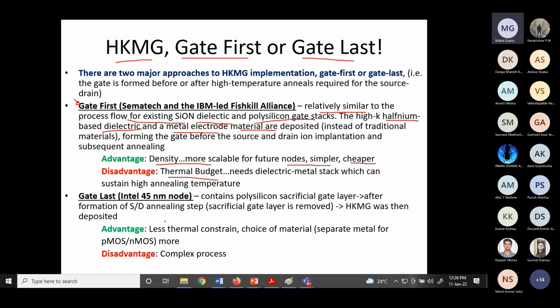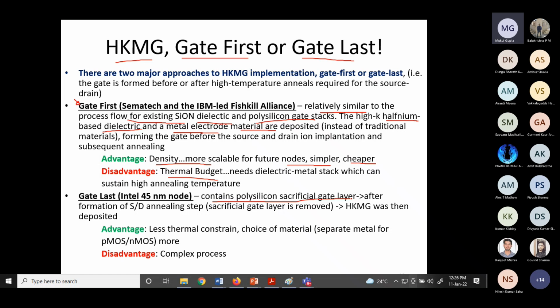So polysilicon they have used as a sacrificial gate layer, okay. They deposit high K dielectric material, they deposit polysilicon, they create source and drain. So that way it is like gate first approach, right? But then they remove polysilicon. So polysilicon is a sacrificial layer they use, okay.